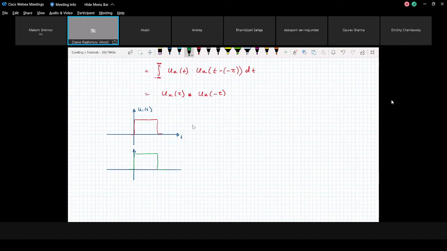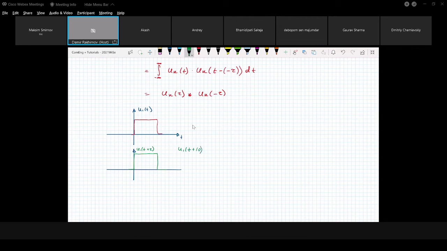Then below we have signal u1 of t plus tau. Where do we have to shift our signal for a positive delay? If we choose any positive value for delay, tau equals 1, 2, 3, and so on, you will have an expression, let's say u1 of t plus 10 of some units.